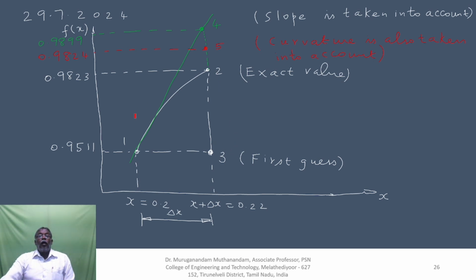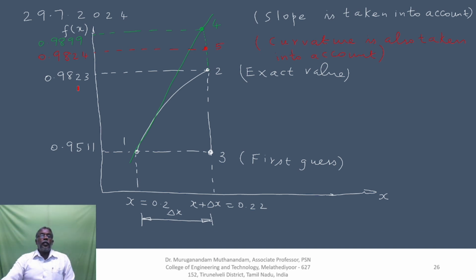So one is the initial point, two is the subsequent point. Using the value of the function at the initial point, we find the value of the function at the subsequent point. The white line is the exact solution, which is given by f of x equal to sin 2 pi x. So at point 2 we have the exact value 0.9823, which we obtain from the analytical function directly.